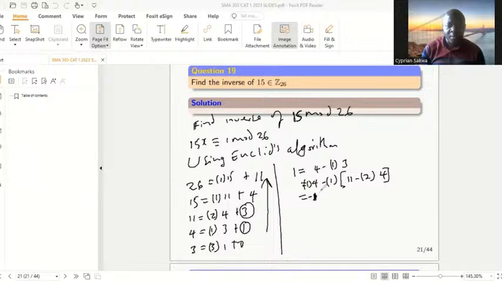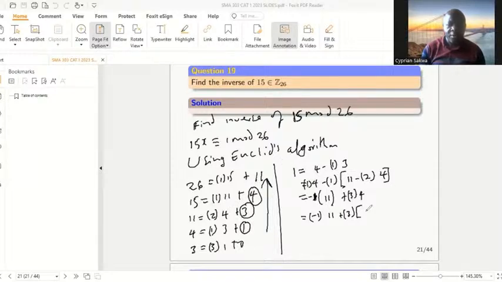Negative 1 into 11. Then negative and negative is positive 2, and there's a positive 1 there. That is 3 times 4. And so, negative 1 times 11, but instead of this 4, 4 is here.